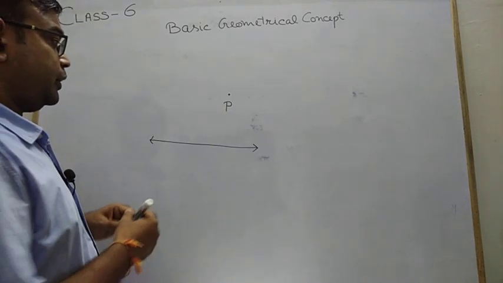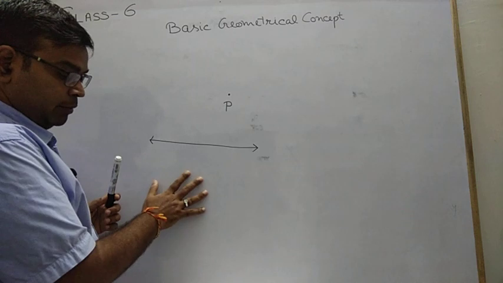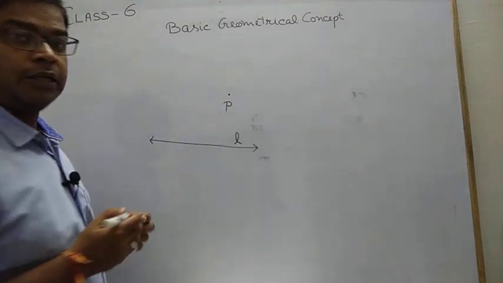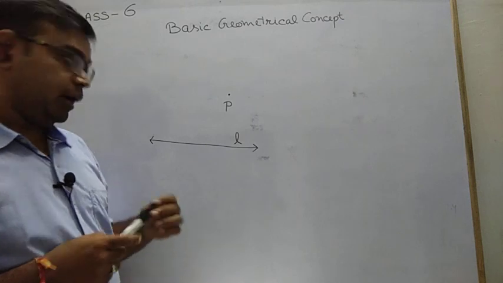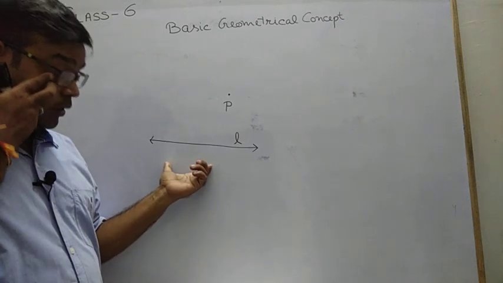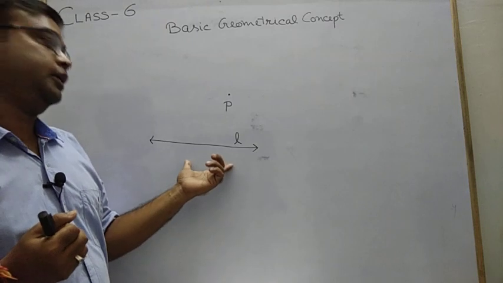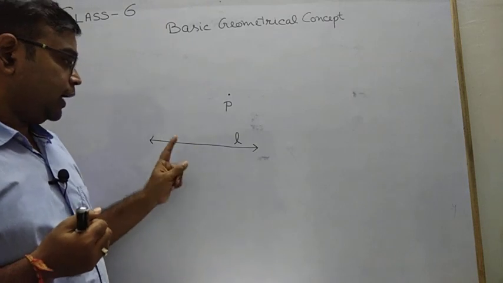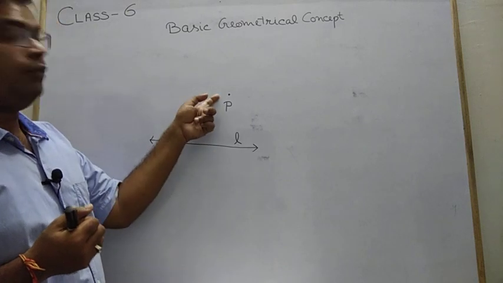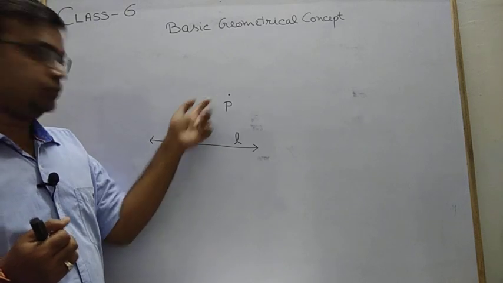Generally, the name of a line is represented by a small English alphabet l. A line is only represented by a small English alphabet l, and this line contains an infinite number of points.